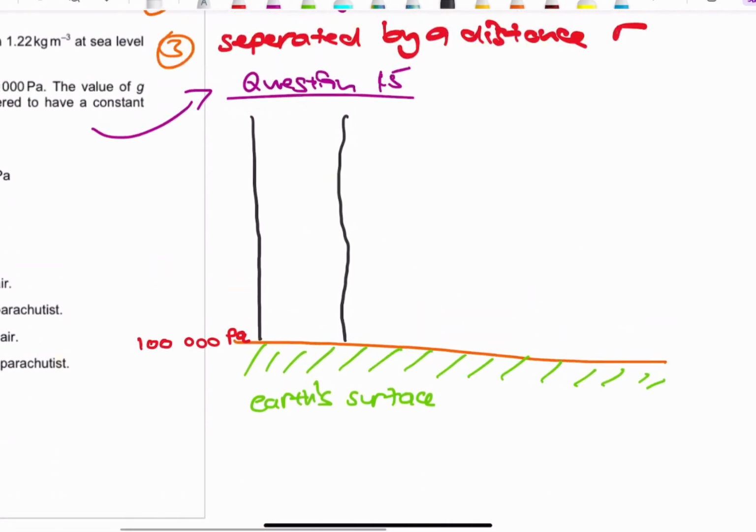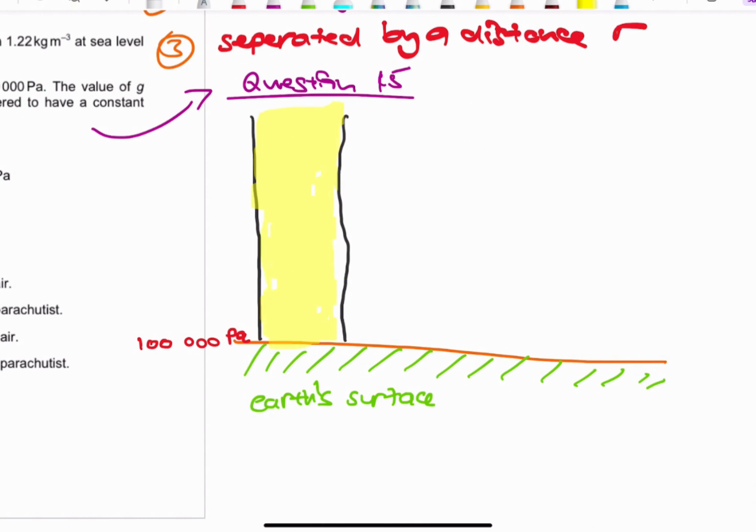If I take this column of air, you agree with me that in the middle you're going to have this air, and that air is going to be pressing down.